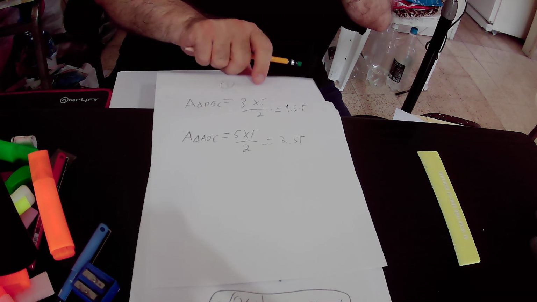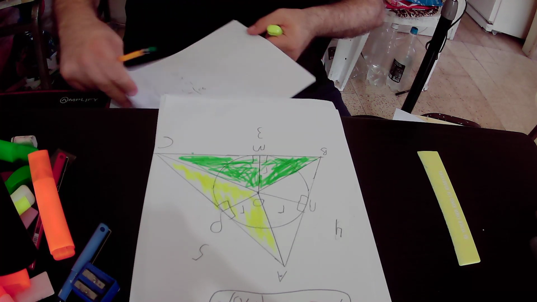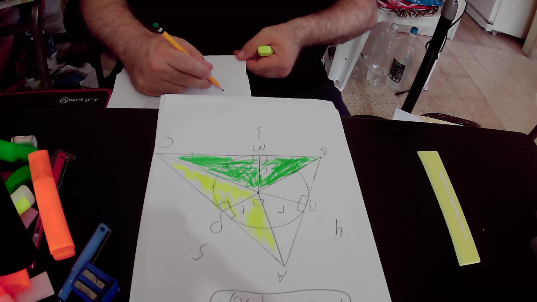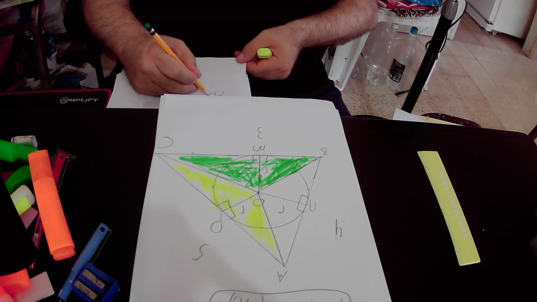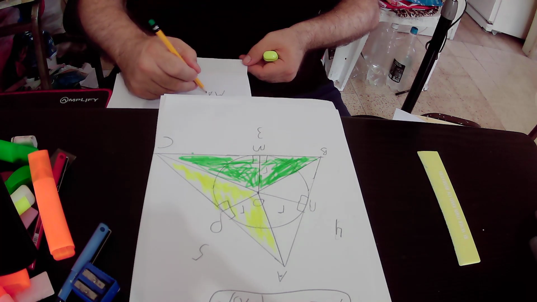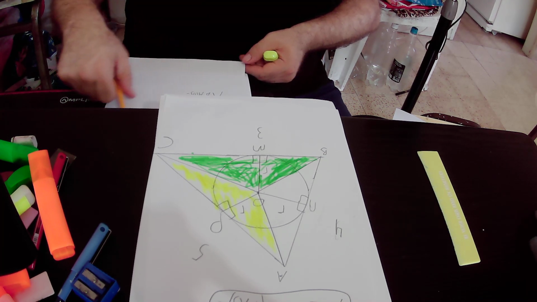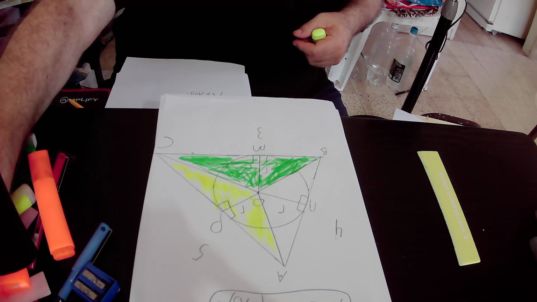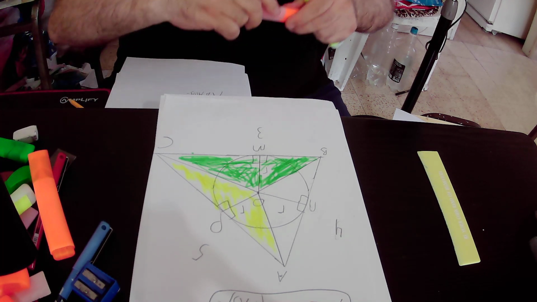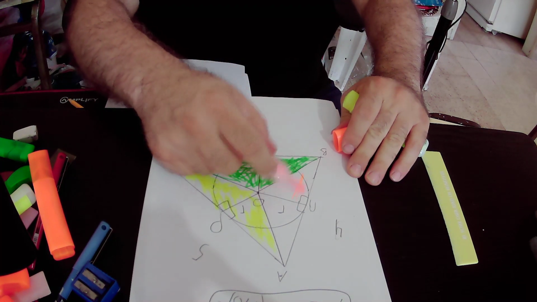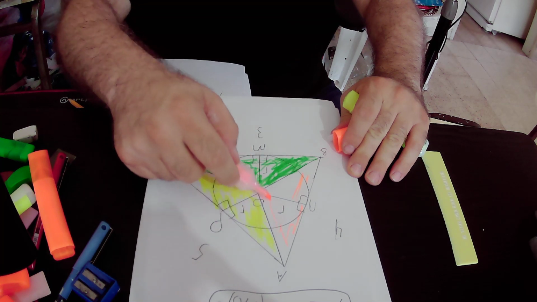Okay, and in the same way, we can calculate the area of triangle AOB, or actually we'll calculate the area of the orange triangle.